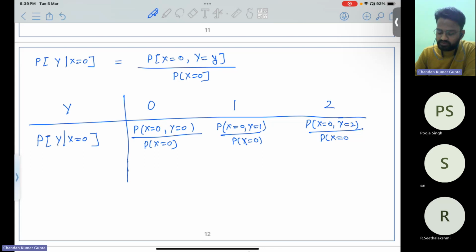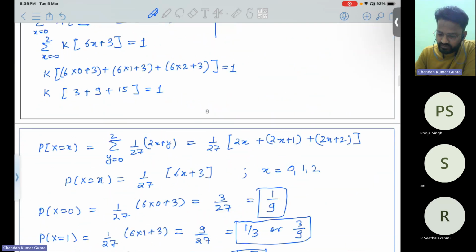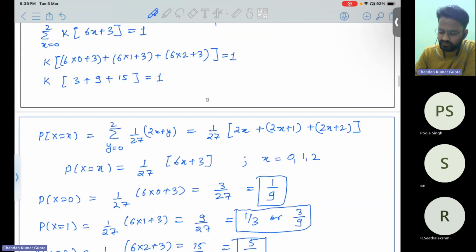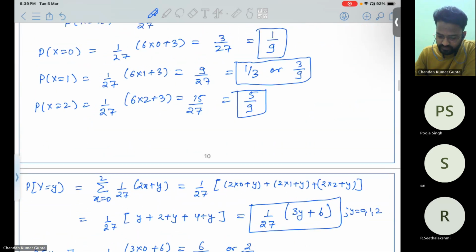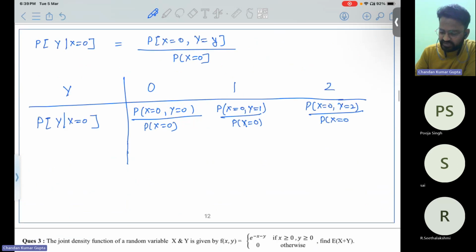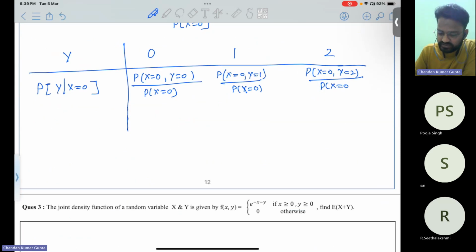Okay. So probability that x is equal to 0, y equal to 0, 0, 1 and 0, 2. From the main table, we can directly write here like this.